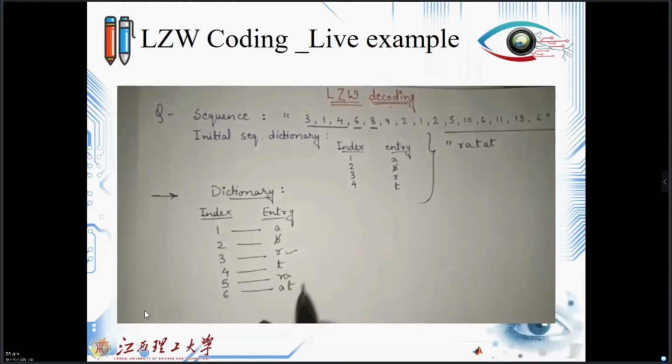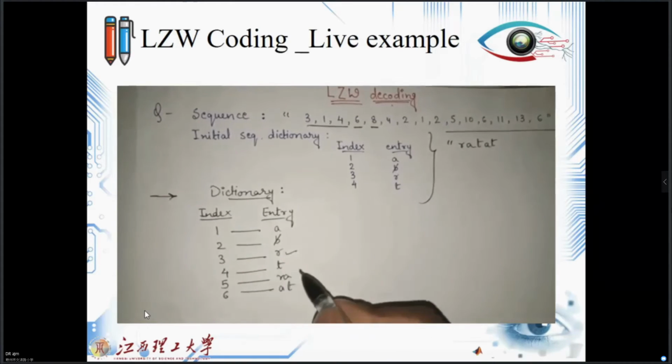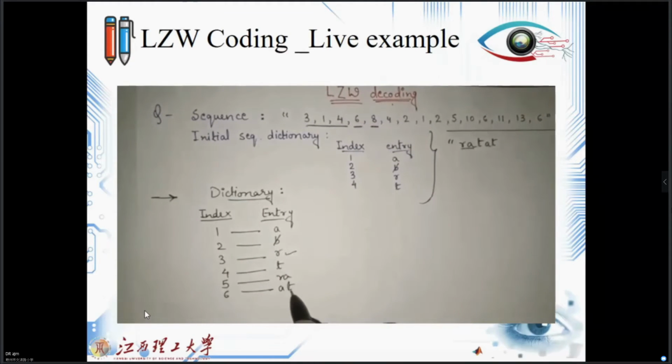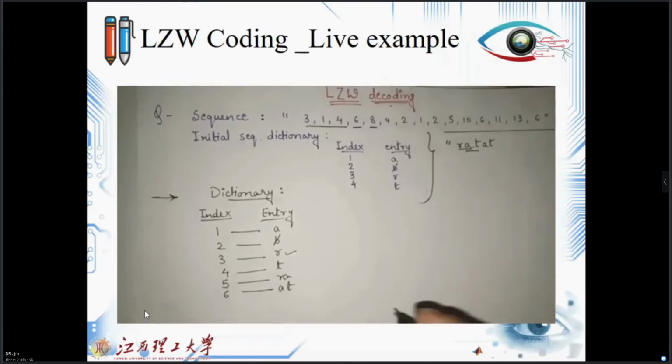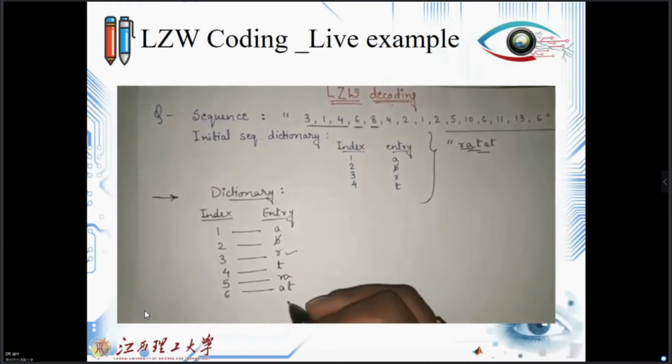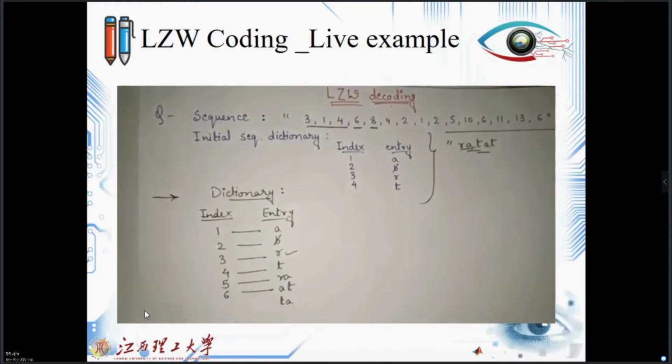Okay. See again for the 7, what will she do? We have RA, we have AT, we have TA. Okay. TA can be generated by 7.